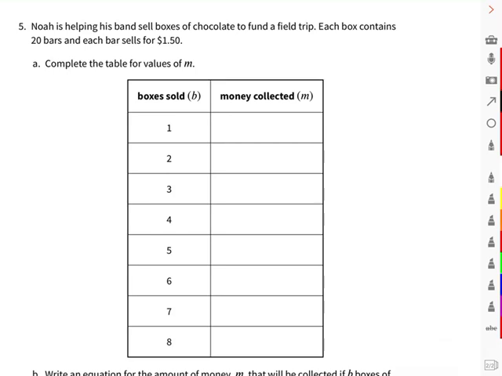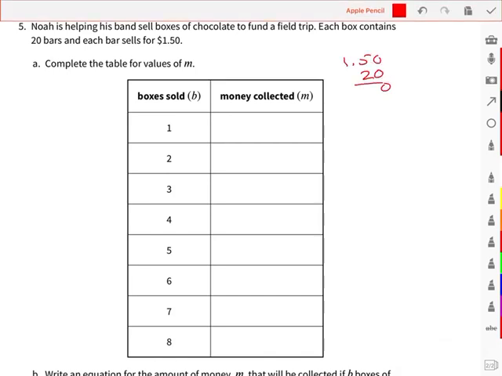Complete the table for values of M. So if he sells one box, $1.50 times 20 is $30.